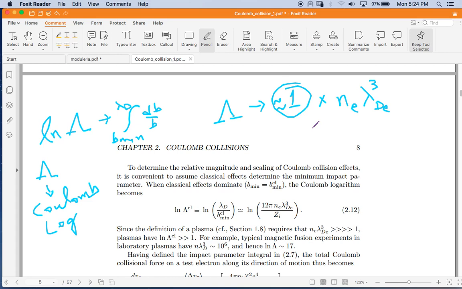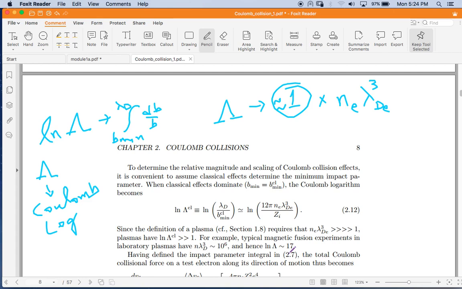This is the Coulomb logarithm, and for instance, typical magnetic fusion experiments in lab plasmas have n lambda_D cubed about 1,000,000, and if you take the Coulomb log of that, it turns out to be something like 17. Well, not just 1,000,000, that would be 6, but you have to also multiply by 12 pi.